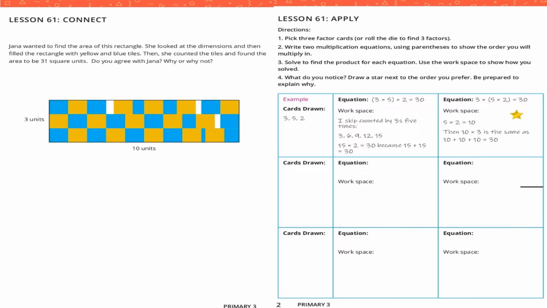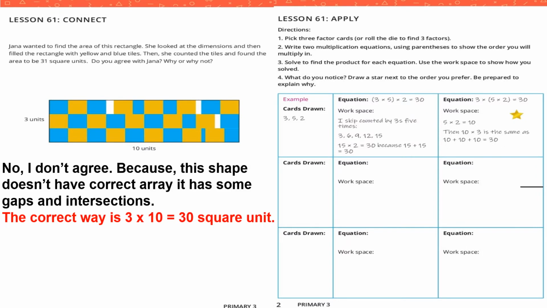She counted them and found 31. I think it's wrong. I don't agree. Why? In this shape we have some gaps and some intersections, so we can't count, but we can find the area another way.